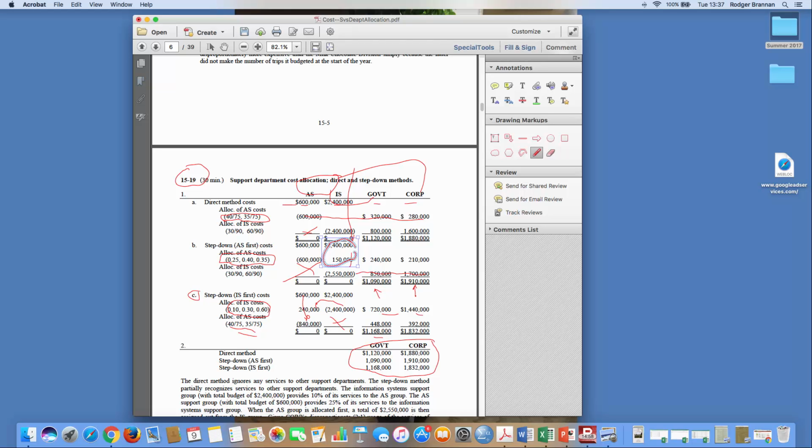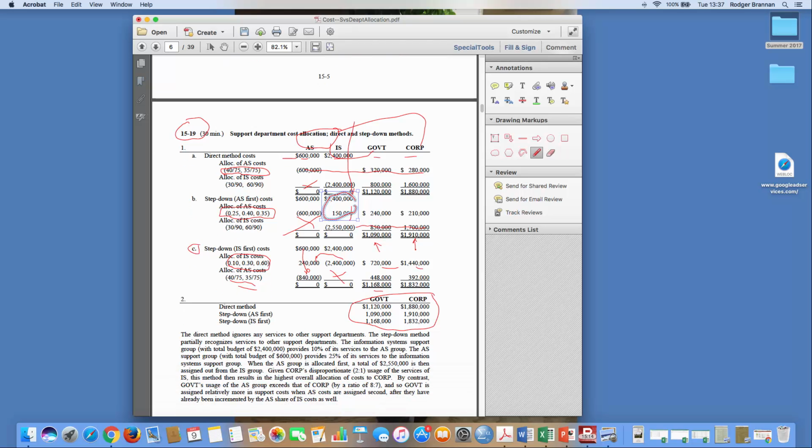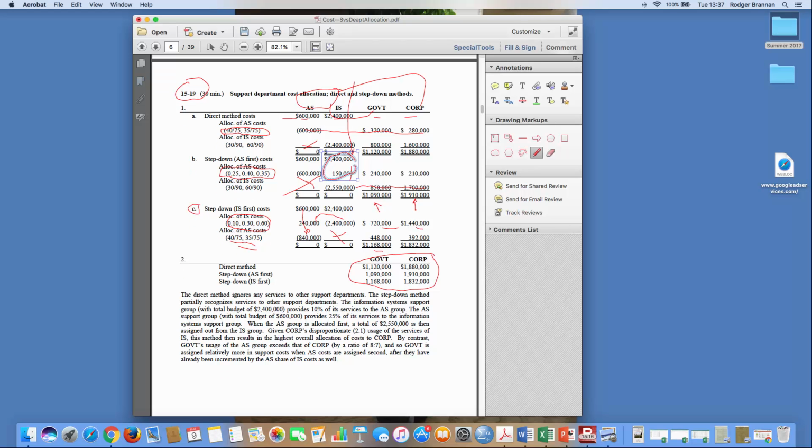So the step-down method works very nicely, where the company will say, this is the order in which we're going to allocate the cost. That's set periodically, and so we just go through as cost accountants and allocate it. I don't have to do the reciprocal method. It's already done for me in terms of the company making a decision. So between these three different methods, $78,000 difference, take your choice. It really doesn't matter.